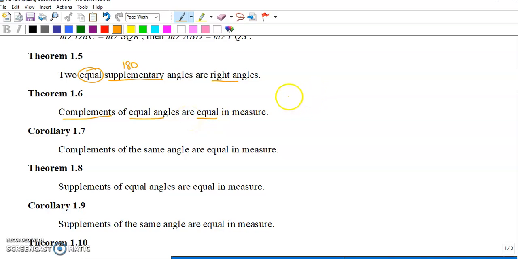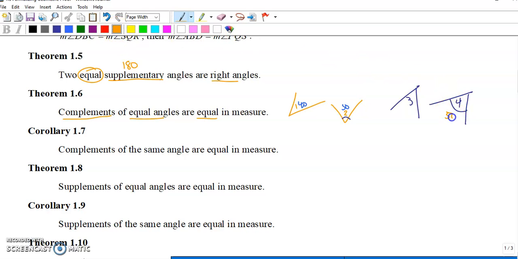If angle 1 and angle 2 are complementary, so let's say one is 40 and one is 50. Okay, if I've got some more angles over here, angle 3 and angle 4, and I know that angle 2 and angle 4 are the same size, oh hey, that's 50.